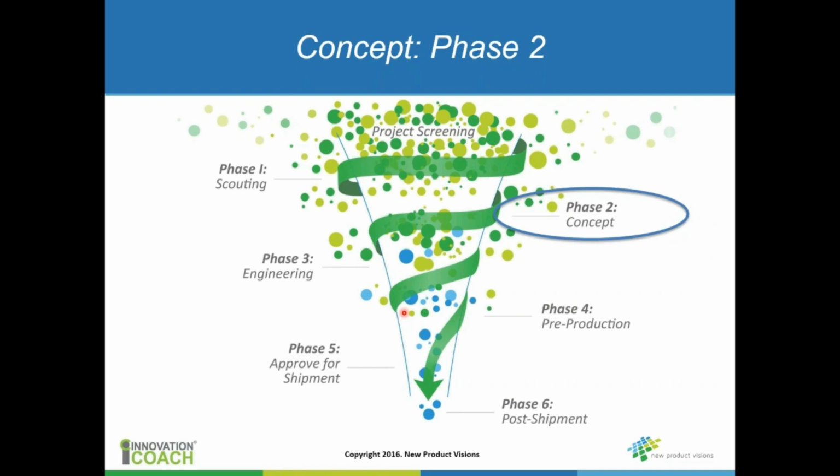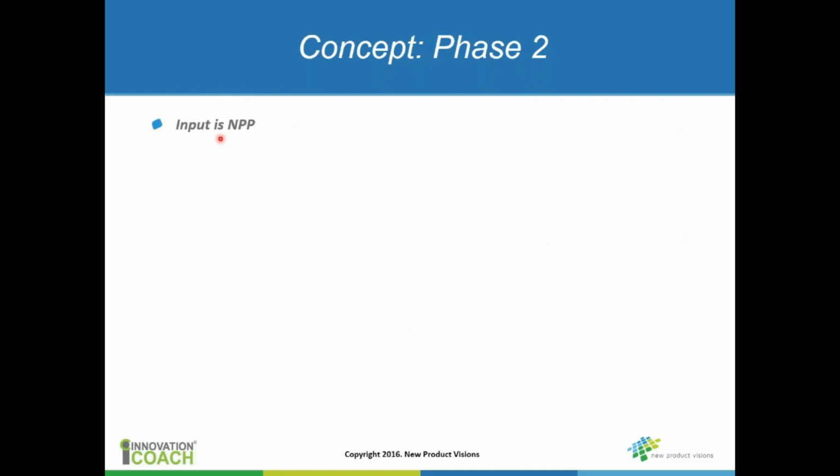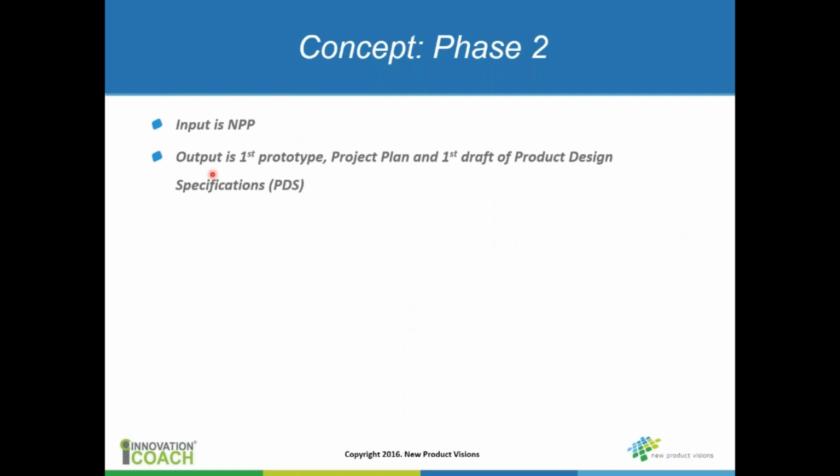Okay, so phase 1 is really product definition. Phase 2, now, the input to that is that definition document, that marketing document, and the output typically is where you're going to build the first functional prototype. You're going to develop what I call a project plan, and the first draft of what I call the product design specifications, or PDS, and we'll talk about these two documents in a minute.